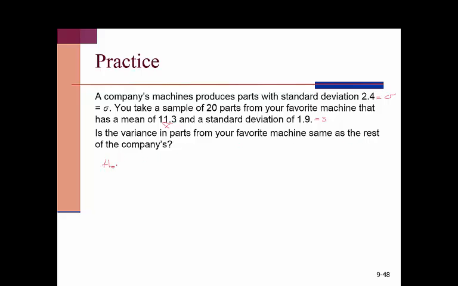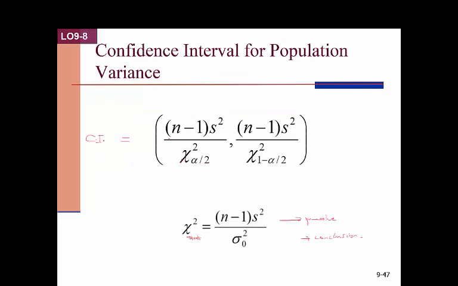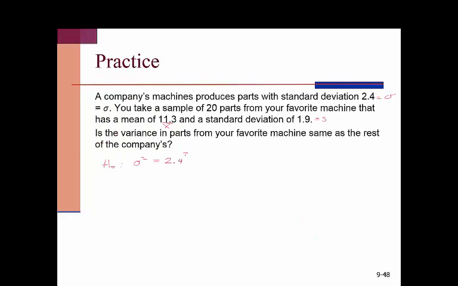Is the variance in parts from your favorite machine the same as the rest of the company's? So set up your hypothesis. Okay, H0 says that the variance is equal to 2.4 squared, right? Because that's just the standard deviation, versus H1 that says the variance is not equal to 2.4 squared.